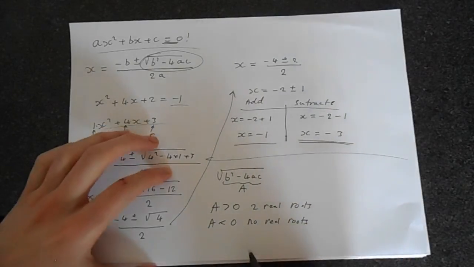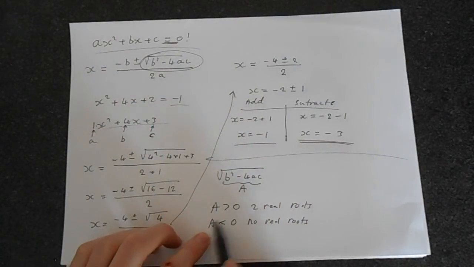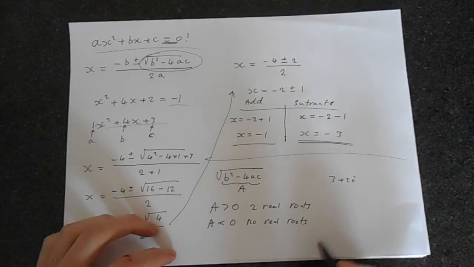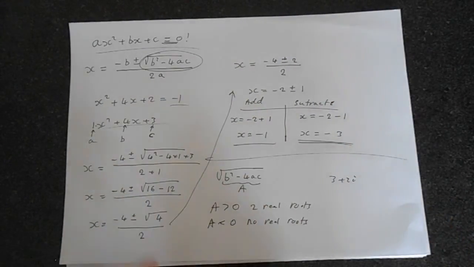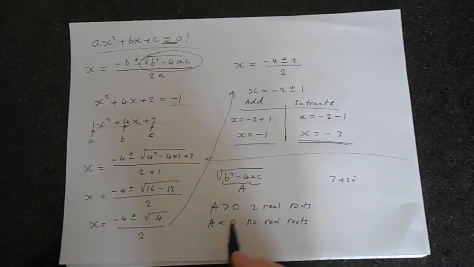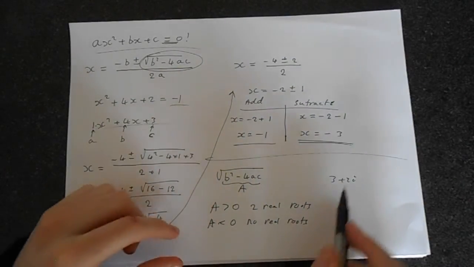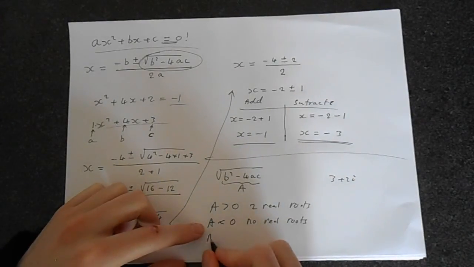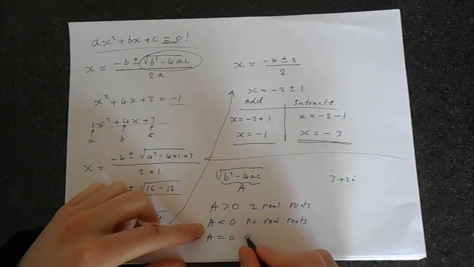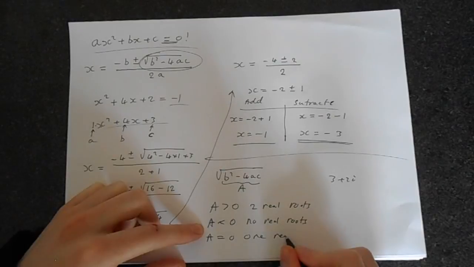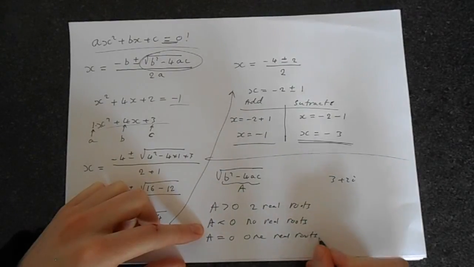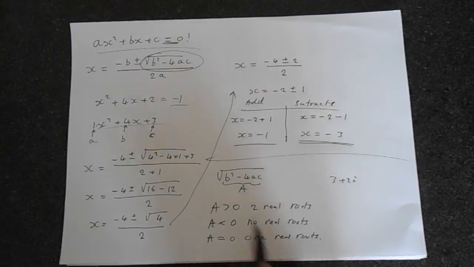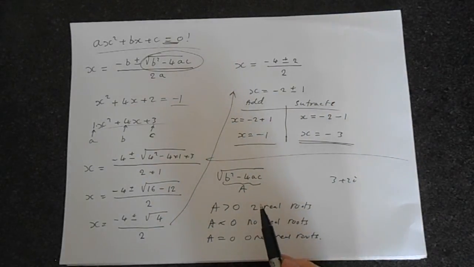We say real because the solution to this type will be something like 3 plus 2i, where i is the imaginary number. That's why we do it that way. And you don't have to know about imaginary numbers until Advanced Higher. They're a bit of a pain. And then if a equals 0, there's 1 real root or equal roots. Alright, so that's how you solve equations, and a little bit about this, sometimes called the discriminant.